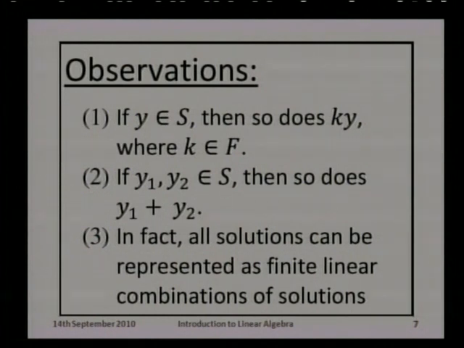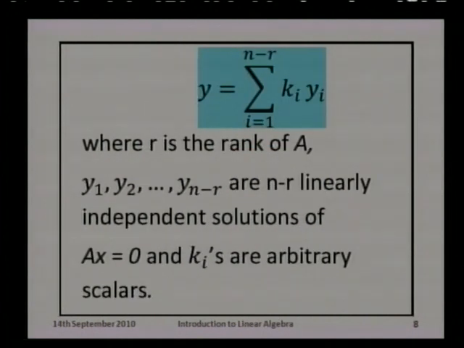In fact, all solutions can be represented as finite linear combinations of solutions, where y equal to summation ki yi, i from 1 to n minus r, where r is the rank of A, and y1, y2, ..., yn minus r are n minus r linearly independent solutions of Ax equal to 0, and ki's are arbitrary scalars.